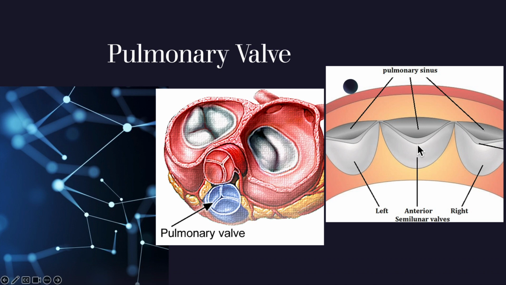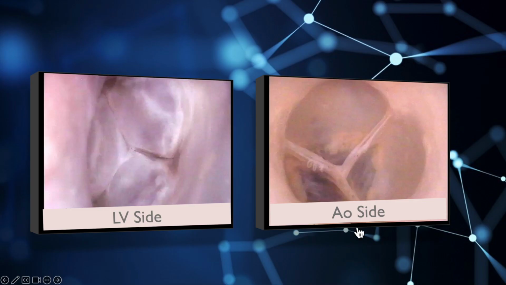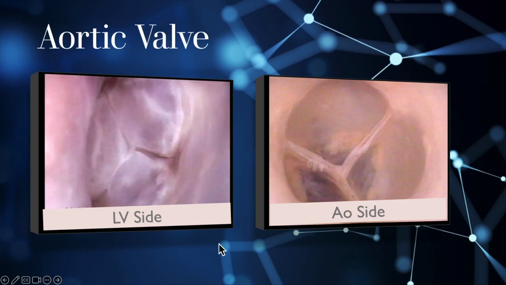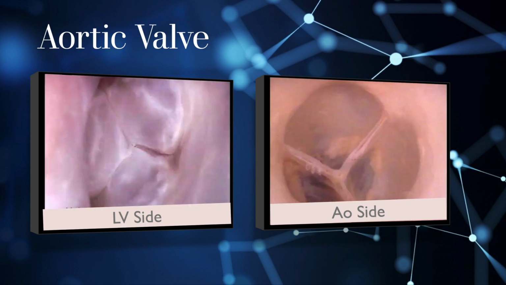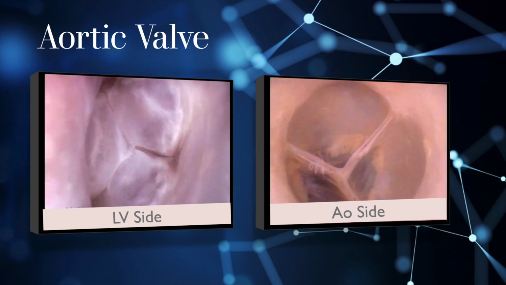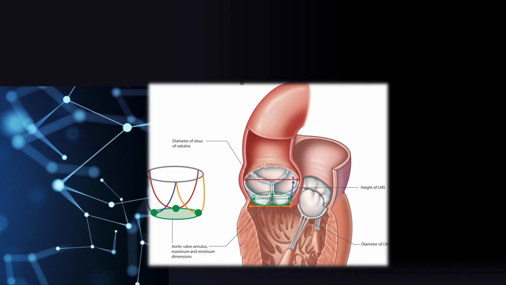Now these are the pulmonary sinuses and a cup-shaped valve as compared to the atrioventricular valves. Now you see from the LV side, like the pulmonary valve, the three cusps, and you see this Mercedes-Benz sign. And if you see from the aortic side, look at the cup-shaped structure of the valve. That's very important, because this is adjacent to the mitral valve.